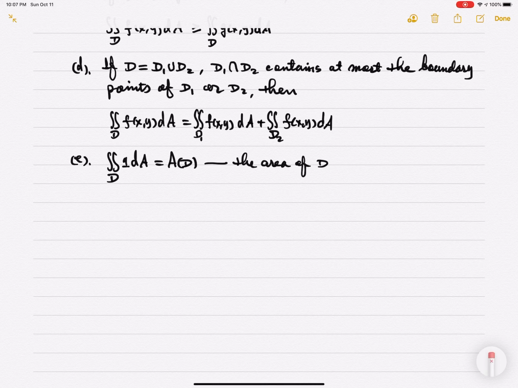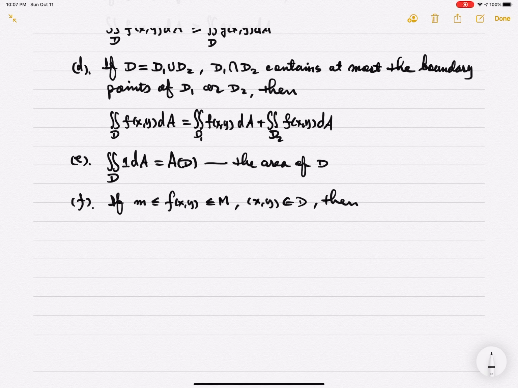Okay. Another one is that a lot of times we use it for approximation. We say if m, little m, is less than or equal to f(x,y), less than or equal to capital M. In other words, f(x,y) is bounded between little m and capital M for (x,y) in D. Then we have this.